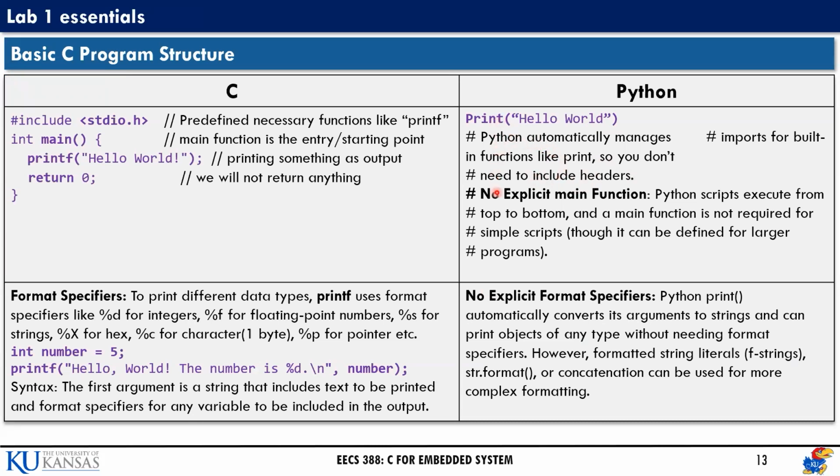That's how straightforward Python is, but for C, it's not that easy. We have to define every library we are going to use throughout the program.